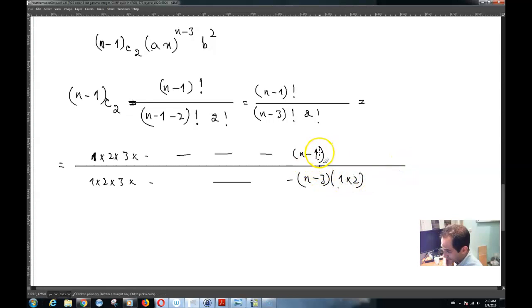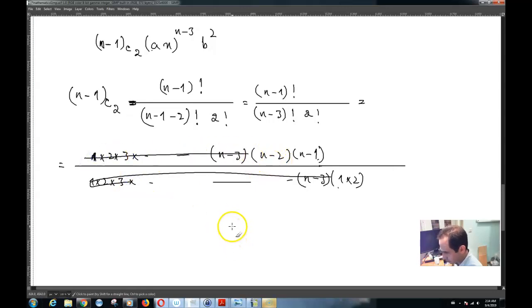So now before n minus 1, of course there is always n minus 2. Before n minus 2 there is always n minus 3. So then all of these terms can be cancelled out with all of these terms. So this would be equal to n minus 2 times n minus 1 over 1 times 2, right?